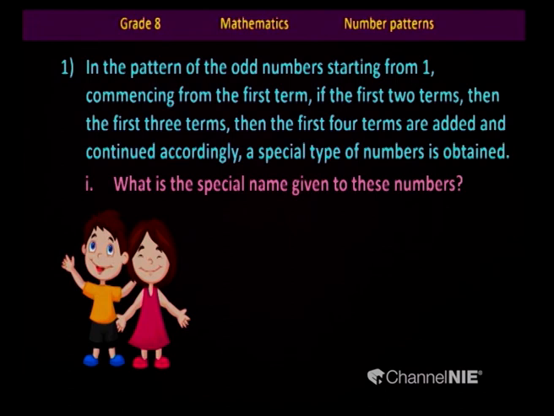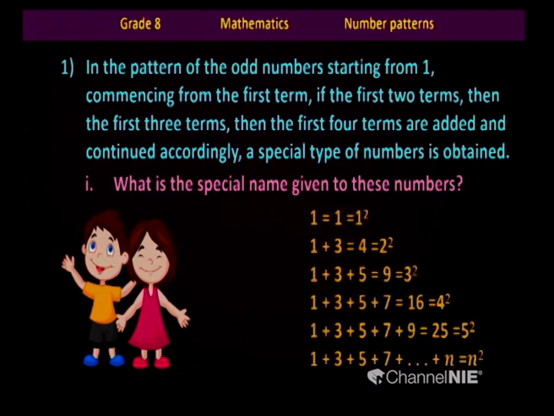So, first of all, we will roughly write down what they are telling. Here, first term, then the sum of first 2 terms, then the sum of first 3 terms, then the sum of first 4 terms, likewise. Now, the first term is 1. 1 can be written as 1 squared as well. 1 squared is also equals to 1. So, the sum of the first 2 terms, 1 plus 3, is equals to 4.